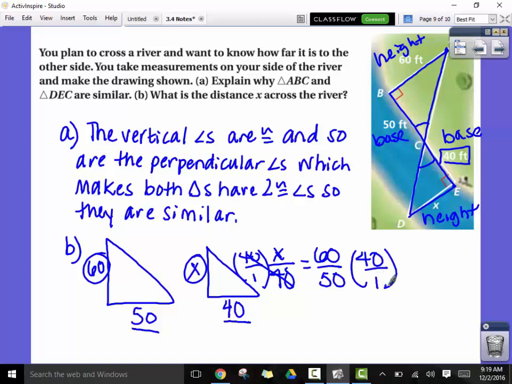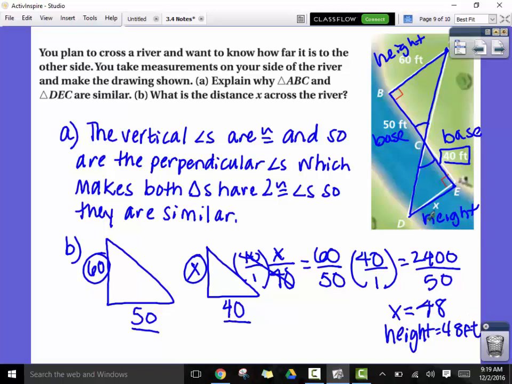So 60 times 40 is 2,400 divided by 50, and 2,400 divided by 50 is 48. So the height equals 48 feet, and it's actually 48 feet across the river. It's really not 48 feet tall.